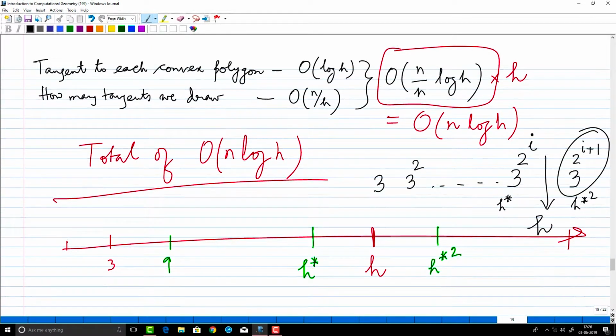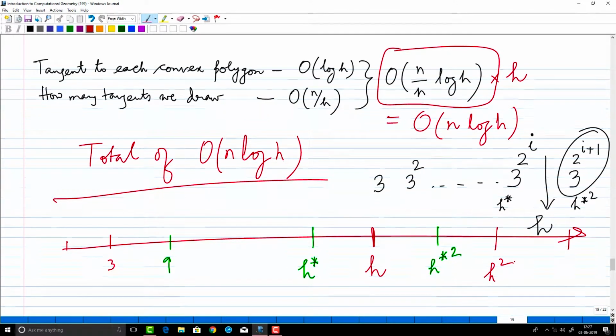Now, you think of this, if you take h square, think of h square, this should be greater than your h star square, right. Agree? So, essentially the algorithm is this.